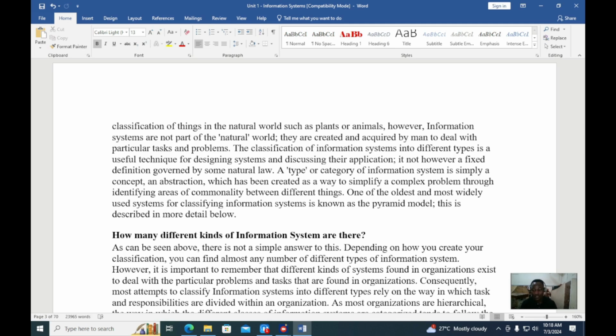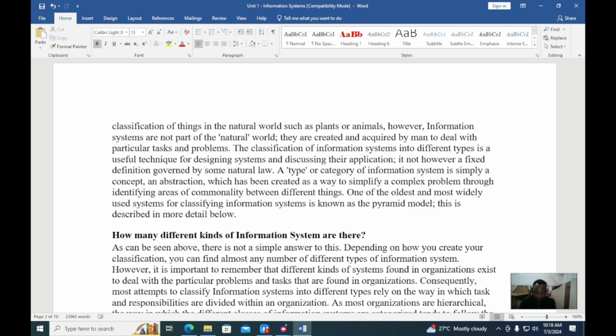So the classification of information systems into various types is indeed a very important technique for enabling us to design systems and even discuss what effects or implications these systems are going to have.